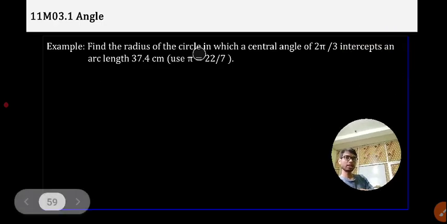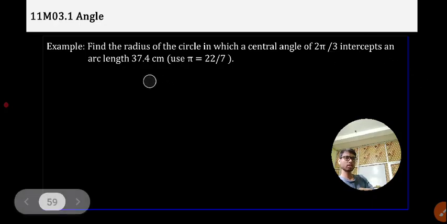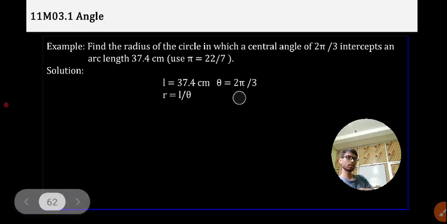Example: find the radius of the circle in which a central angle of 2 pi upon 3 intercepts an arc length of 37.4 centimeters. So the solution: this is the length and this is the angle.